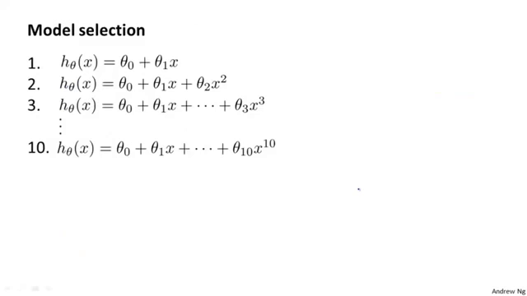So when faced with a model selection problem like this, instead of using the test set to select the model, we're going to use the validation set or the cross-validation set to select the model. Concretely, we first take our first hypothesis, this first model, and minimize the cost function, and this will give me some parameter vector theta for the linear model.